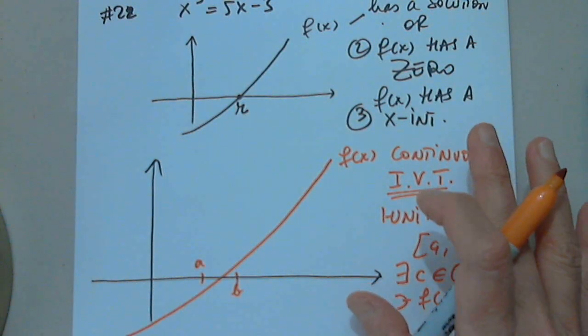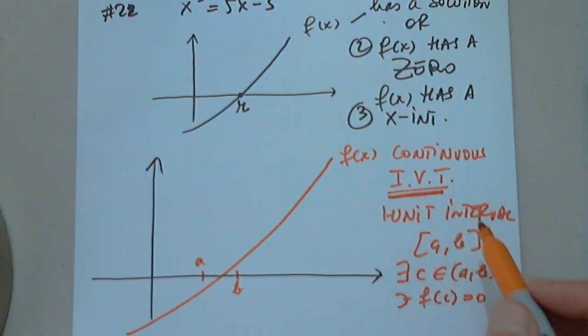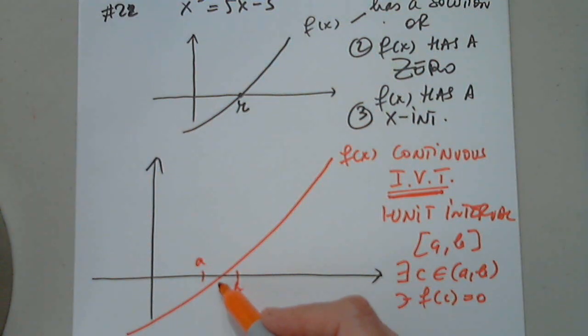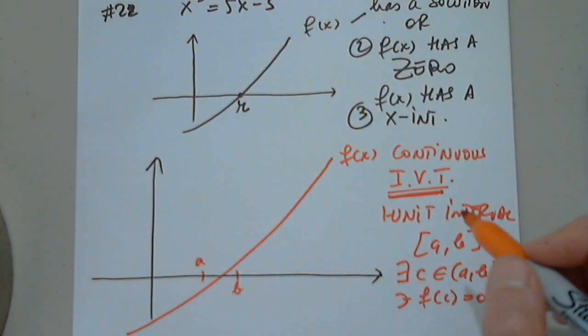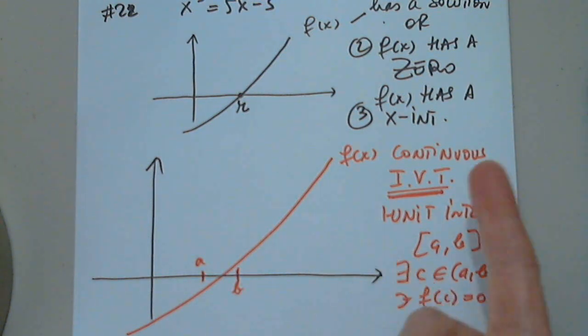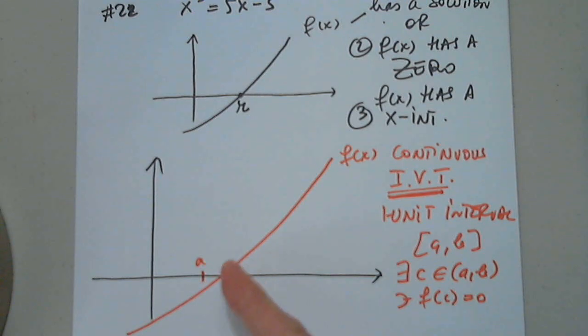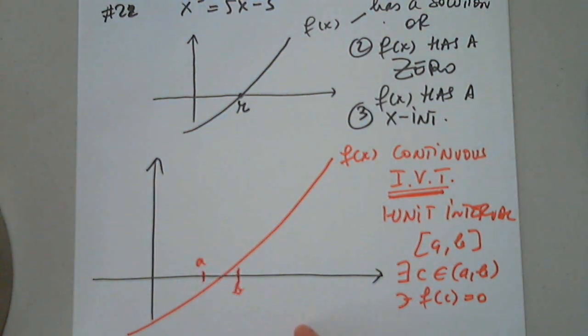And we said then, what is the problem with this? IVT cannot give us the solution. But IVT guarantees that there is a solution as long as the function is continuous and it changes sign from negative to positive or from positive to negative.